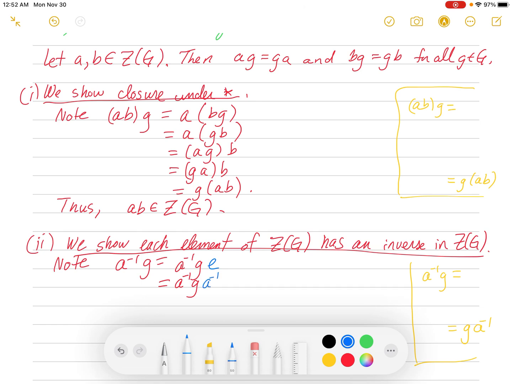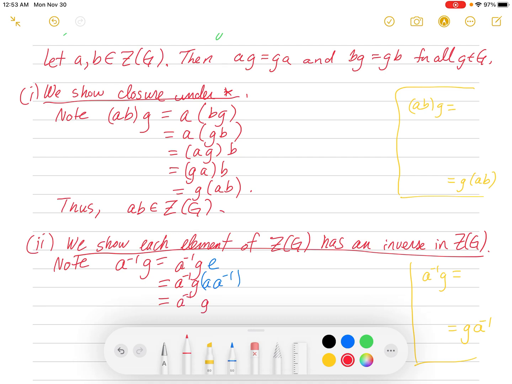And then I can rename this e here on the right. Is that what I want to do? I want to rename it a a inverse. I don't want to do a inverse a, I want to do a a inverse.